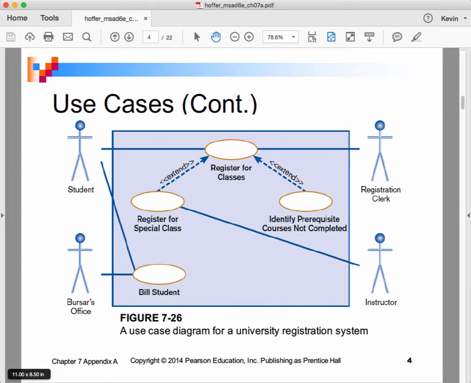So, what's involved in these two use cases that are connected to register for classes? It says that they extend register for classes. Register for special class, identify prerequisite courses not completed.